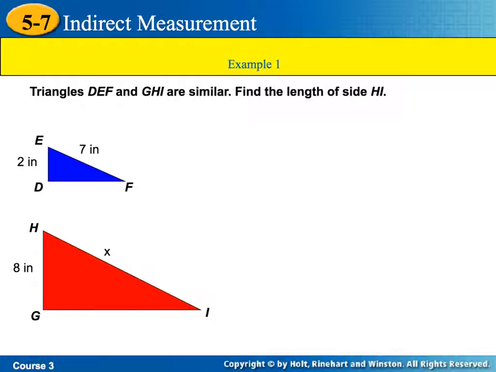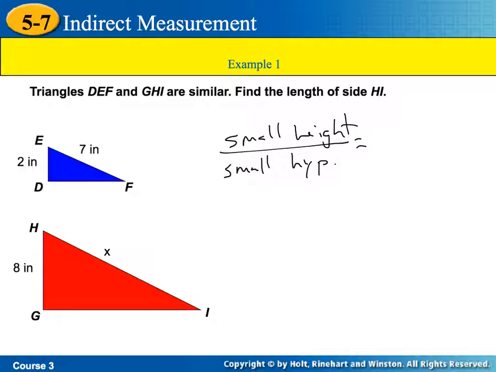This proportion needs to have the same ratio on each side, meaning it needs to have the same setup. The way I write my ratios, I am going to write my small height over my small hypotenuse, and set that equal to my big height over my big hypotenuse.